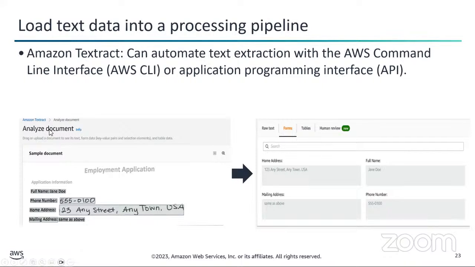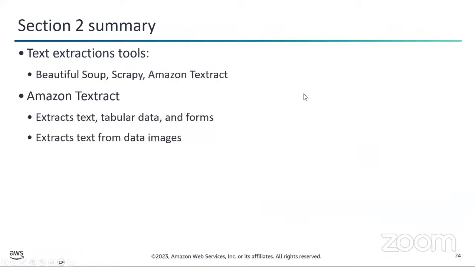So for example, this is a document. It can analyze it, and you can see it identifies these key value pairs. This is a column name, full name, and then the answer; phone number, and then the value; home address, and some value; and then mailing address, and some value. So it can automatically extract the data and show it to you in this nice format, and it can identify these things.